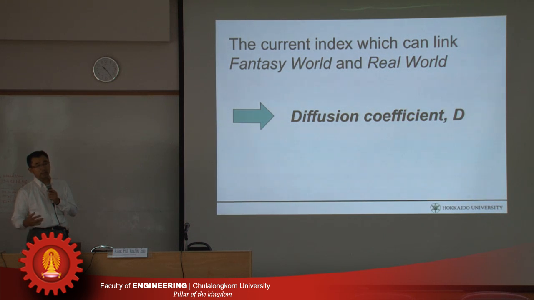If we can avoid the corrosion of the rebar, maybe we can use the structure as long as possible. That's why we want to check whether corrosion would occur or not using the diffusion coefficient D.